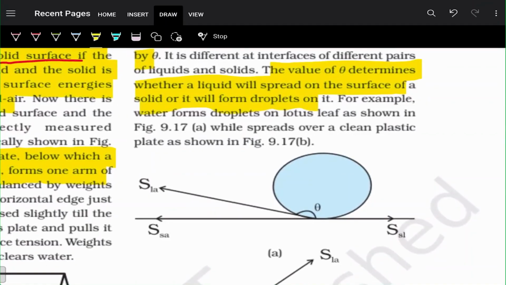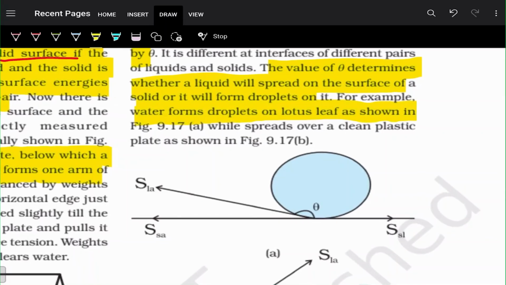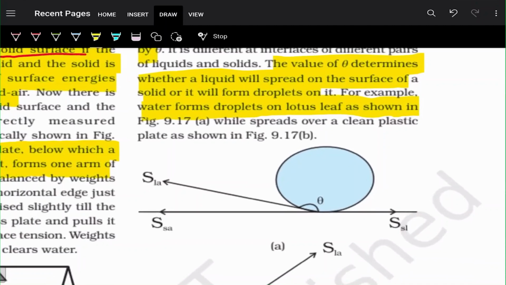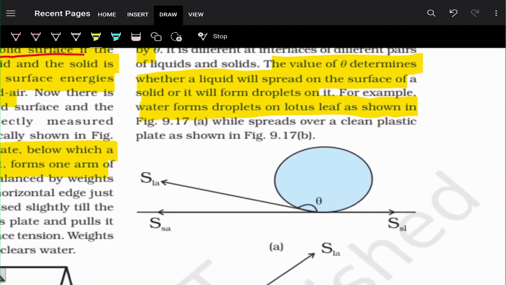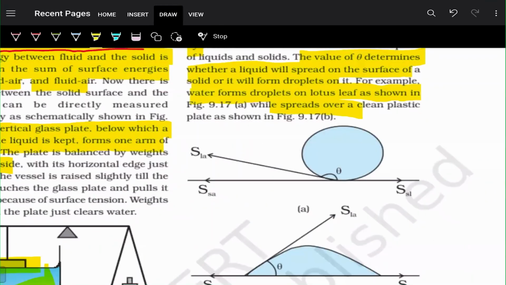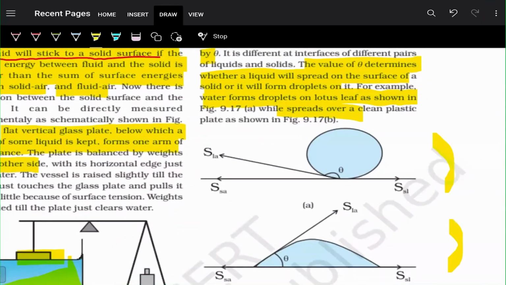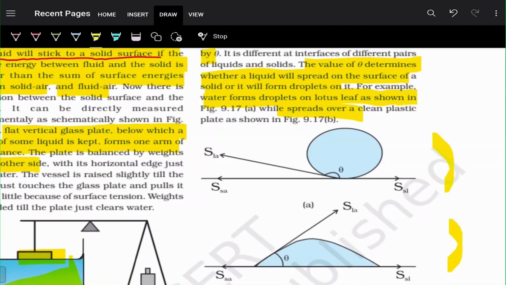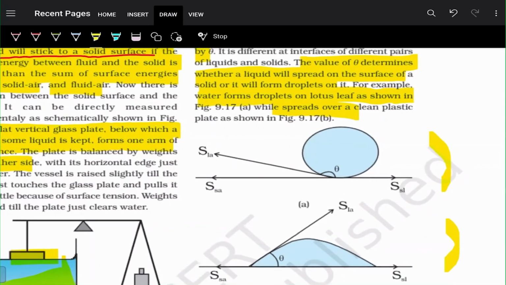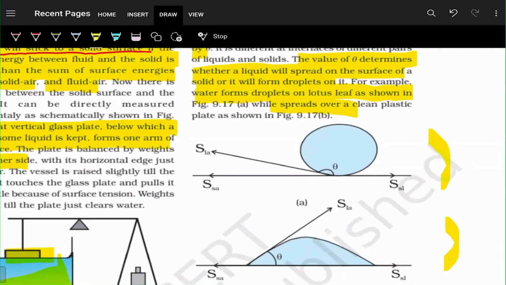For example, water forms droplets on the lotus leaf as shown in figure 9.17a. Correct? If water falls on a lotus leaf, it forms droplets. But if it falls on a plastic plate, it spreads. The reason is the angle of contact. The angle of contact determines whether liquid will spread on the surface of a solid or it will form droplets.